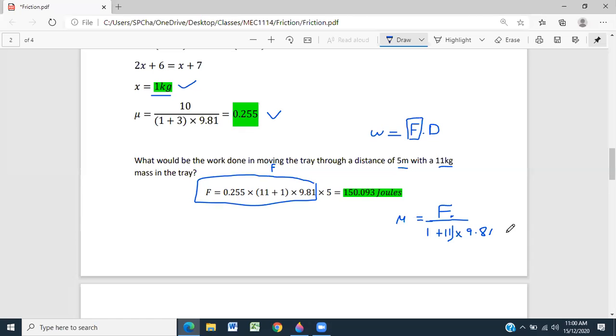Solving for F, F is equal to the coefficient of friction times this thing at the bottom. So we could write 0.255 times 11 plus 1, which is the total weight. You could just go straight ahead and put 12 kg times 9.81.